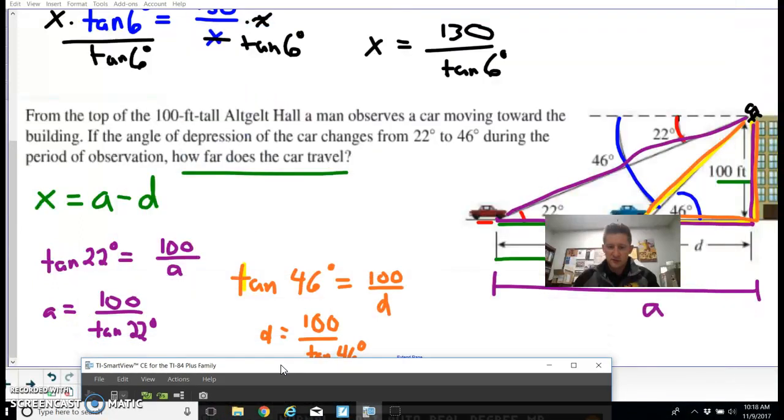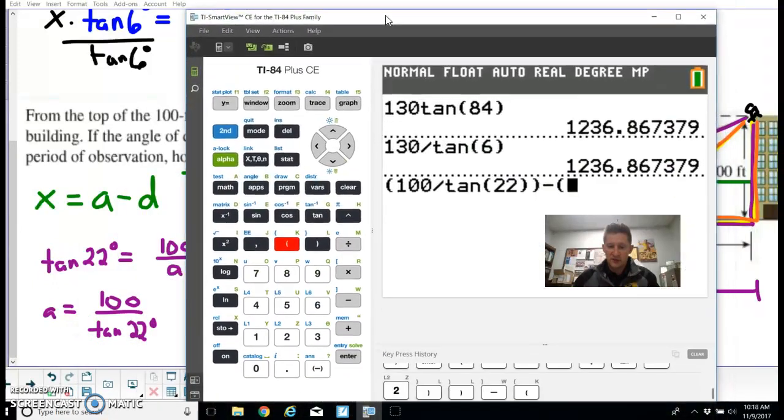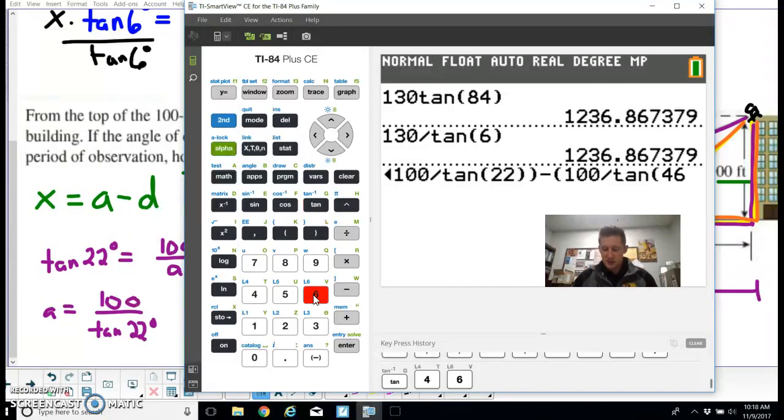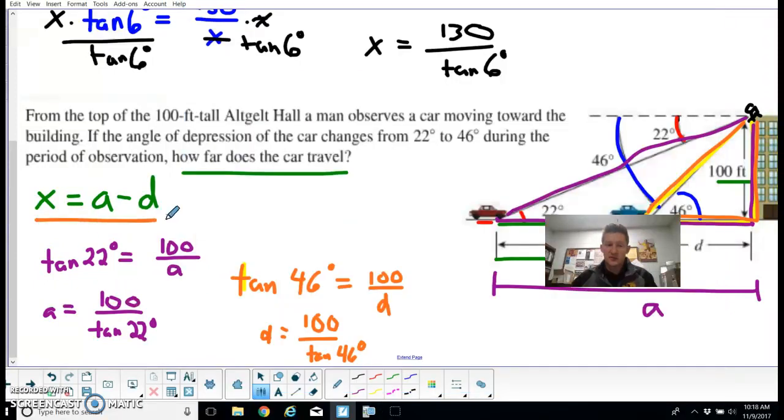That next expression was 100 divided by the tangent of 46, and close parentheses, close parentheses. So what this is doing, it's finding both A and D and taking A minus D, which is supposed to give us X. It's supposed to give us this expression I see over here.